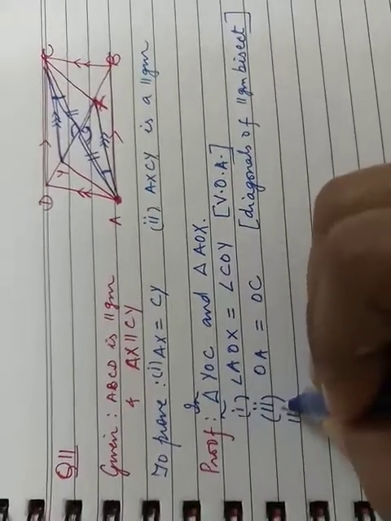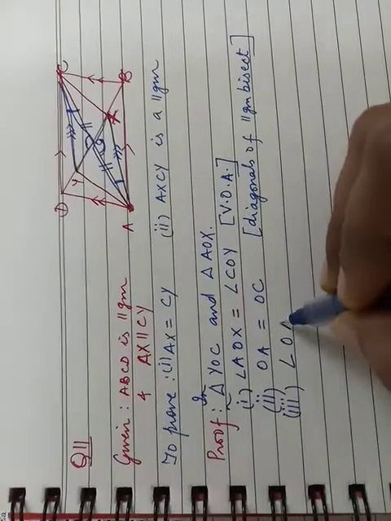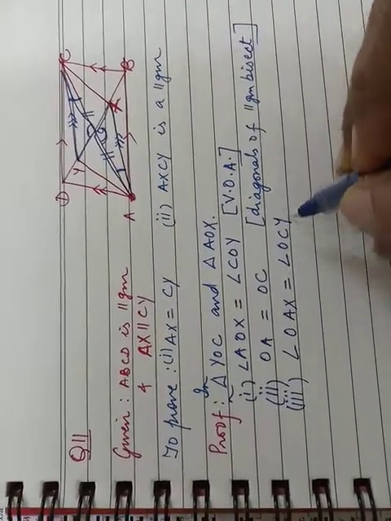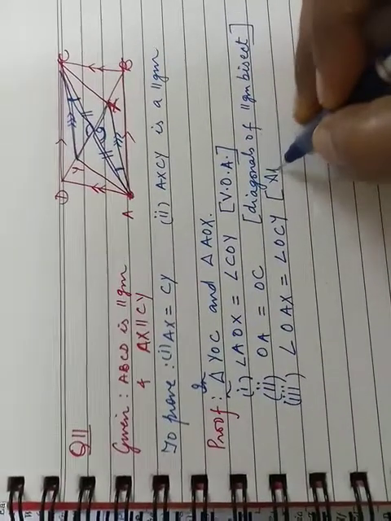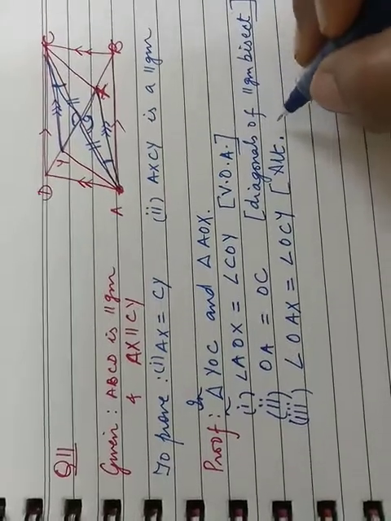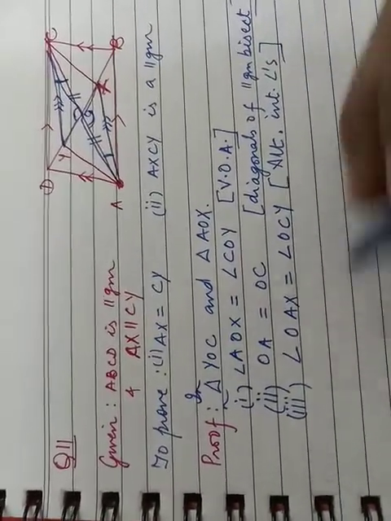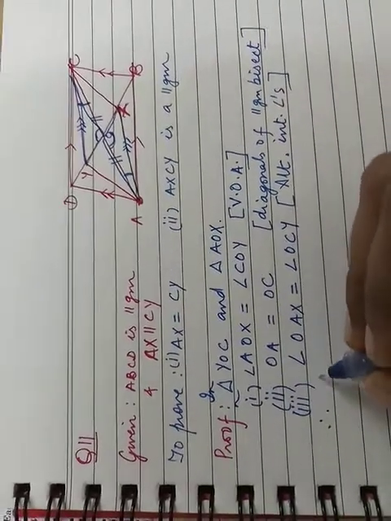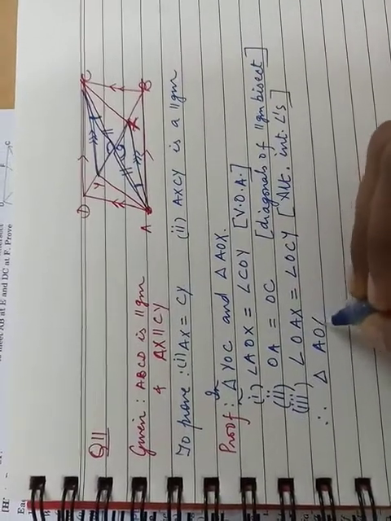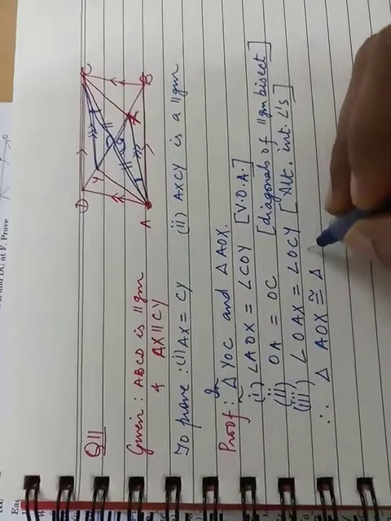Third is we are going to consider that angle OAX is equal to angle OCY. Reason: alternate, you can write in short ALT, alternate interior angles. Therefore, triangle AOX is congruent to triangle COY.